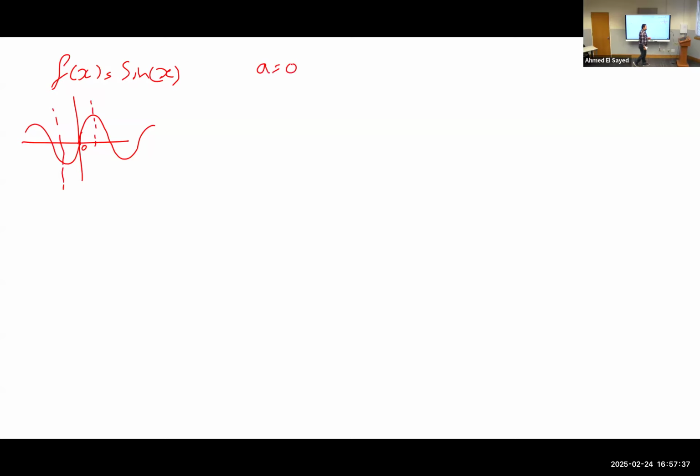First step: what is the value of sine 0? 0. Then I will find the first derivative. What is the first derivative of sine? Cosine. What is the value of cosine at 0? 1.